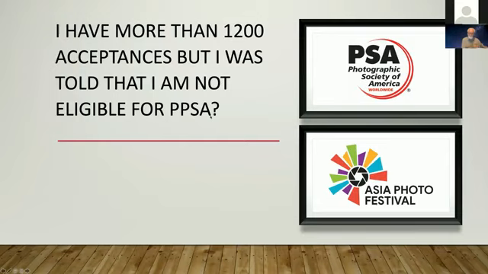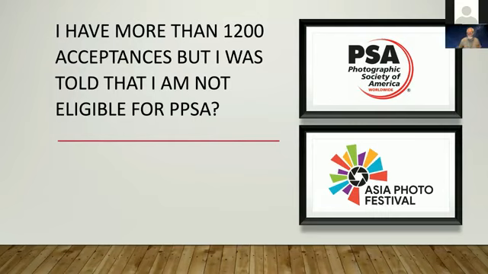It comes back to what I was saying before. For each star rating, you need a certain number of acceptances but they must come from a minimum number of different images or different titles. So, for example, if you had 1,200 acceptances, but they only came from 50 different images, you're not going to be able to get PPSA, because PPSA requires 288 acceptances, but they have to come from at least 96 different titles.